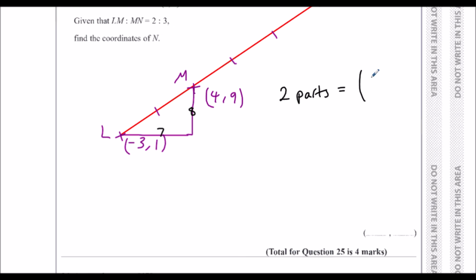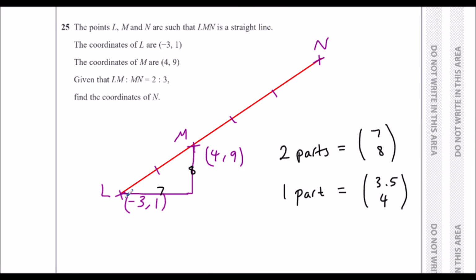We can work out 1 part by halving 2 parts. So that would be along 3.5, up 4.